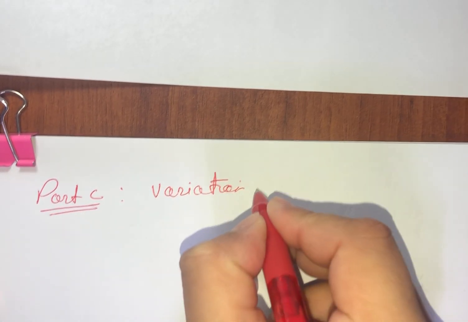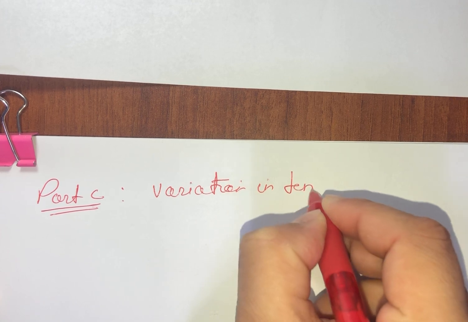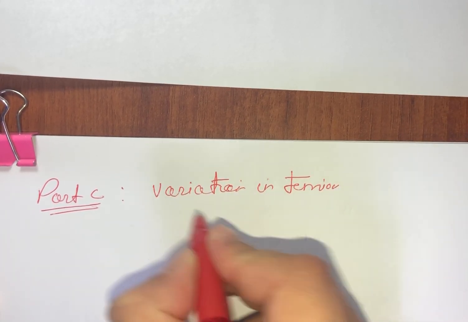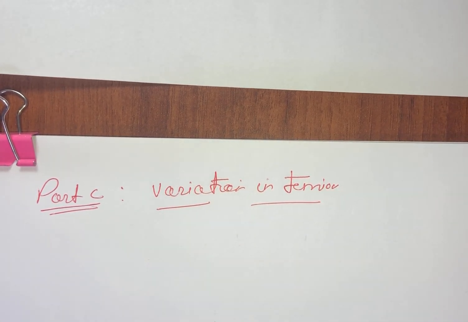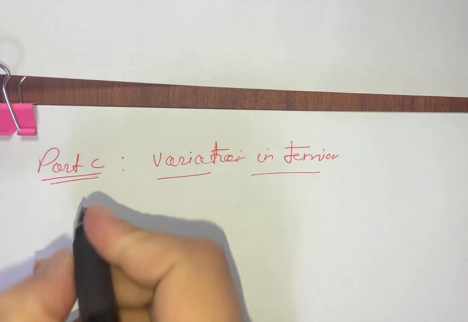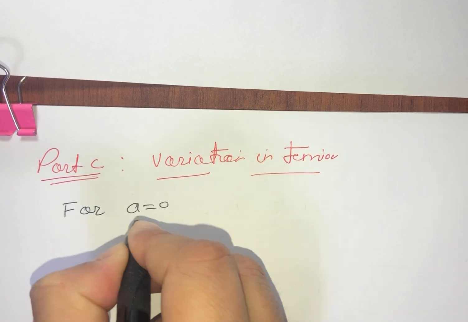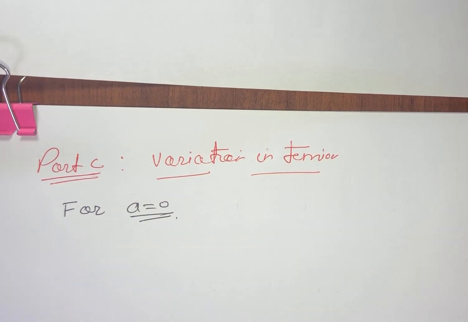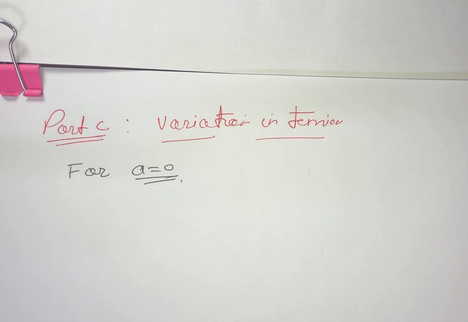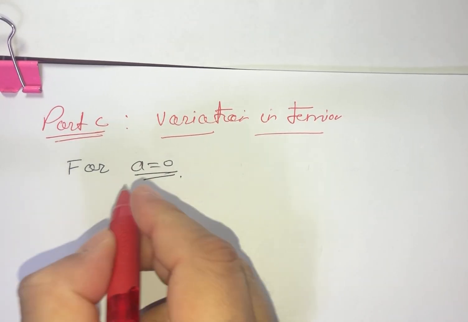Variation in tension. So let us first of all find for A is equal to 0. We already know the equation. We simply substitute value of A as 0 there. Okay. So we take equation 2.